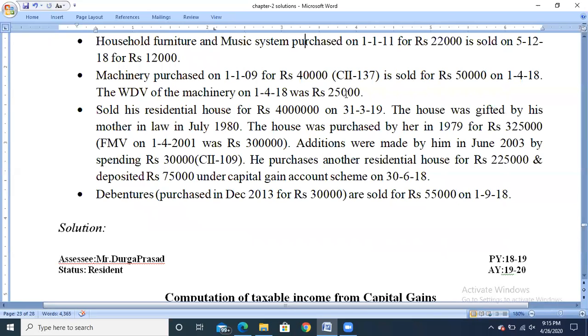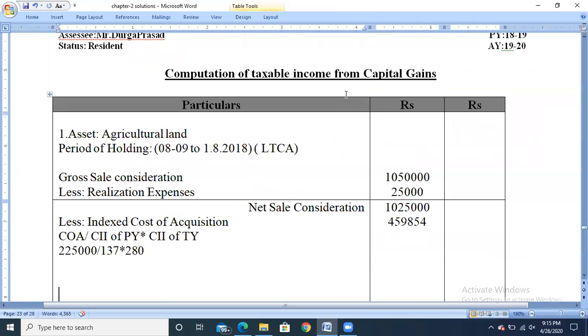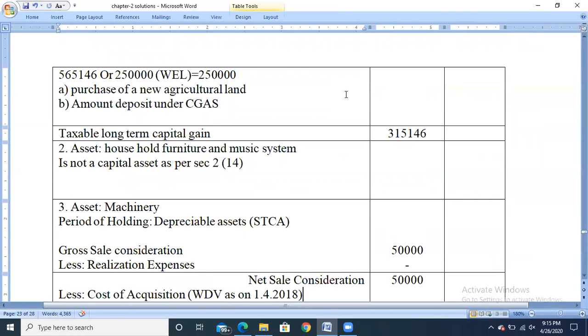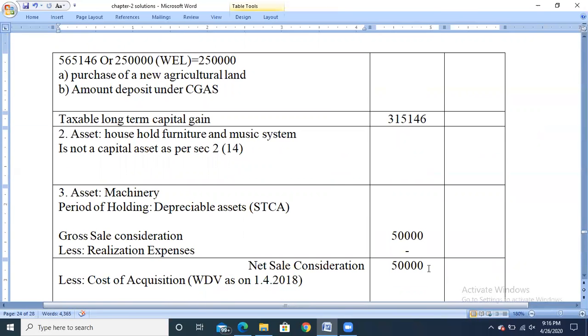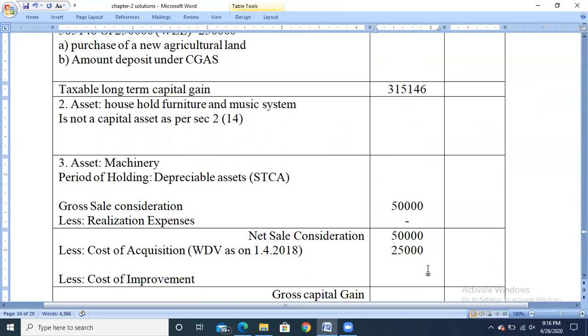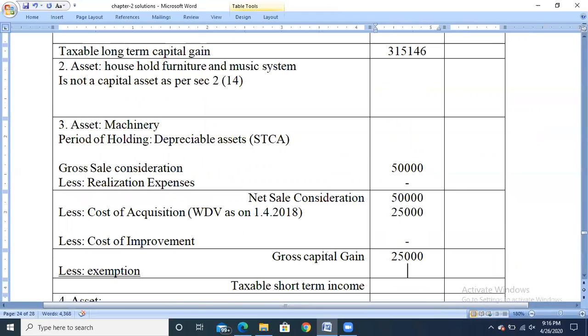So take the 25,000 as the written down value, and no improvement, so improvement will be taken as nil. The balance amount will be 25,000, and from that, claim any exemption. No information, so the exemption will be nil, and the balance amount will be 25,000. So it will be a taxable short-term capital gain.